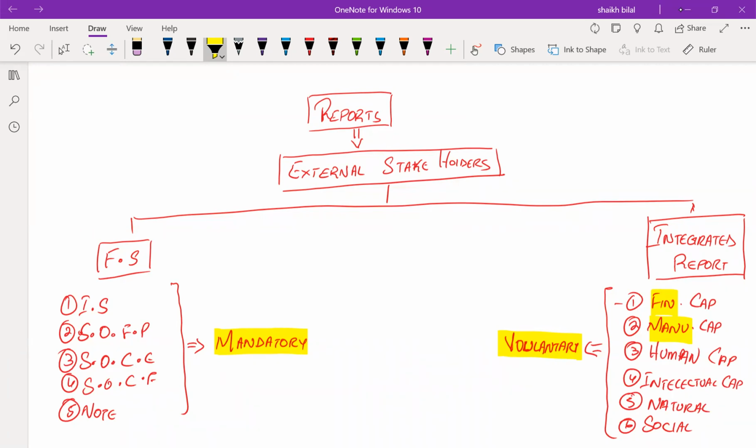Then we have the intellectual capital. This will include the basic areas, let's suppose, what are the patent rights we have, what are the intangible capitals we have. Then the human resources, how much skilled resource the individuals have, what is the expertise of an individual, how well are they working in the environment.